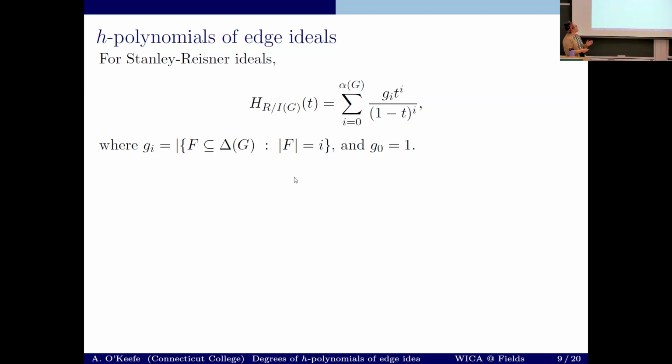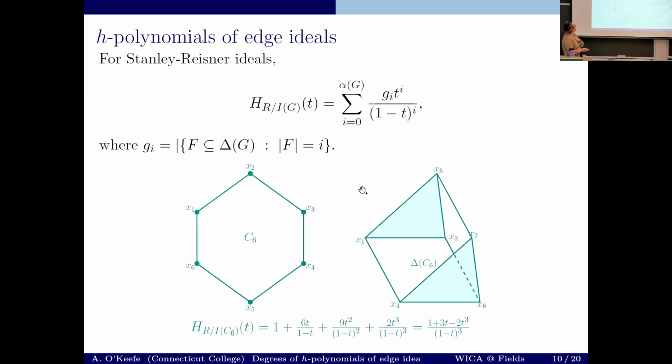So GI is going to be the size of the independent set instead of the dimension of the face, which is usually how this is expressed. And we define G0 to be 1. And so you get this other expression where you sum from 0 to the independence number, because that's the dimension of the simplicial complex.